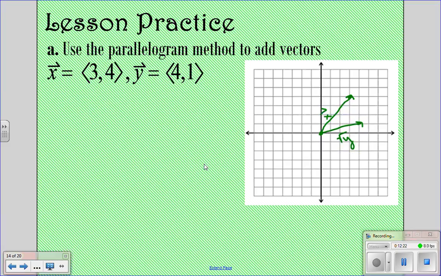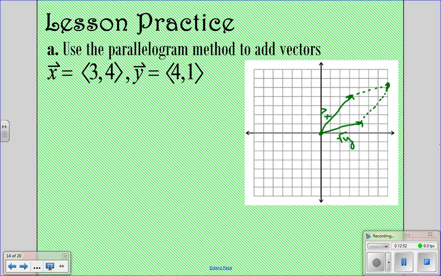Okay. So now, once we have these two pieces drawn in, remember we go to the head and we repeat each vector. So I'm going to go over 3 now and up 4. And then I'm going to start here and I'm going to go over 4. And then I'm going to go up 1.